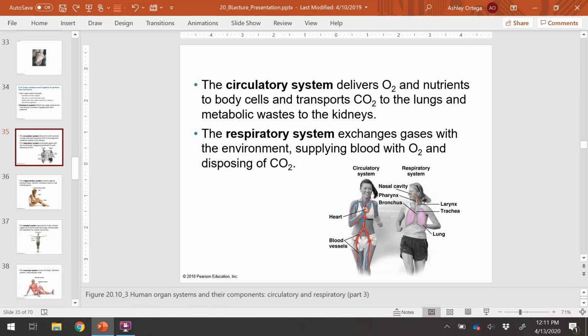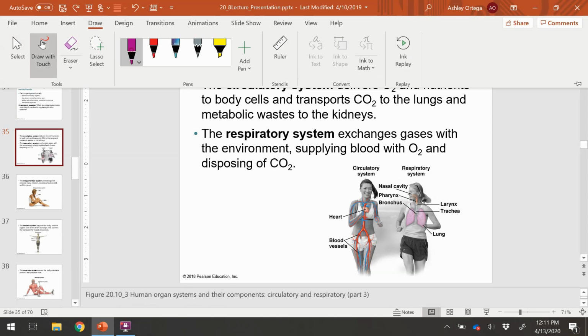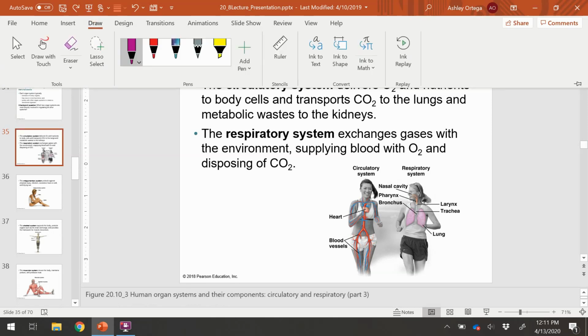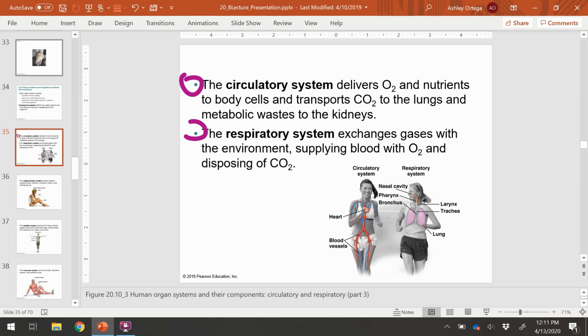So here we'll now look at the different systems in humans and just overall name and what they do. So these are usually already well known, but you'll want to remember these for this chapter. And so I'll just circle them here. The circulatory system, as we know, will deliver oxygen and nutrients to body cells and move carbon dioxide out.